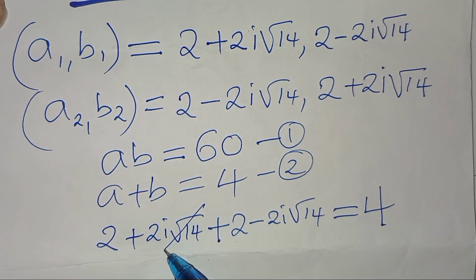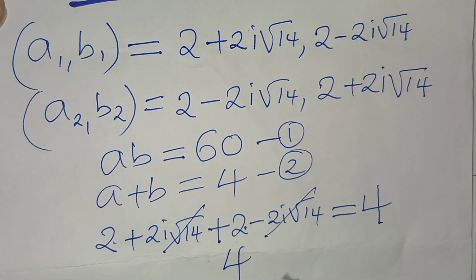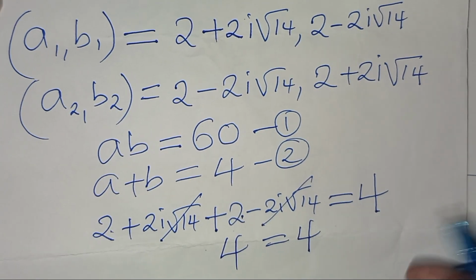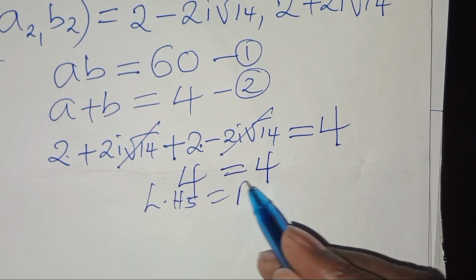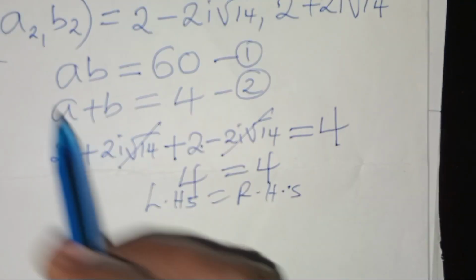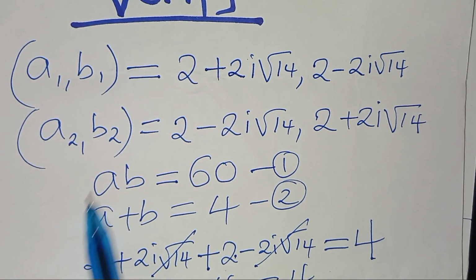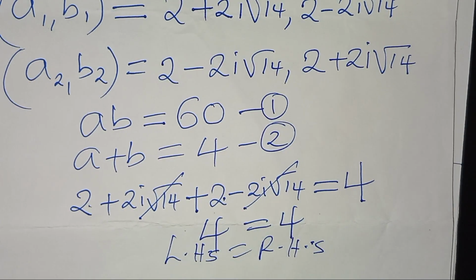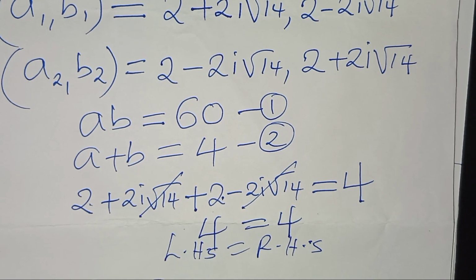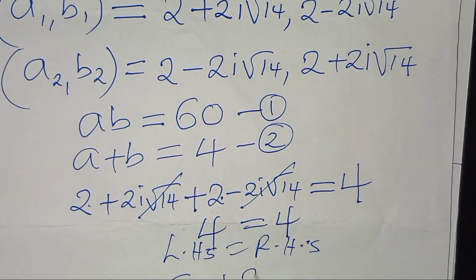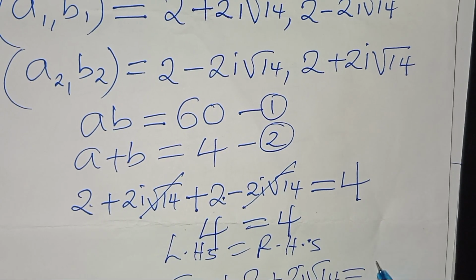So 2i square root of 14 cancels, and then 2 plus 2 is equal to 4. That shows that the left-hand side is equal to the right-hand side, and that affirms that A1, B1 satisfies the equation. Now let's check A2, B2. Again, let's plug A2, B2 in equation 2.